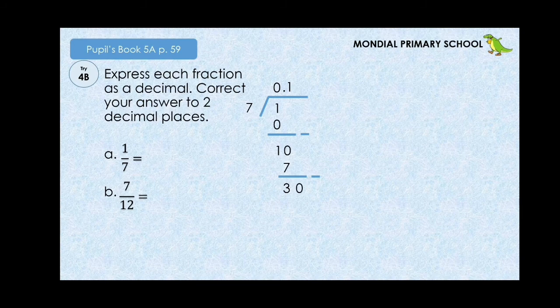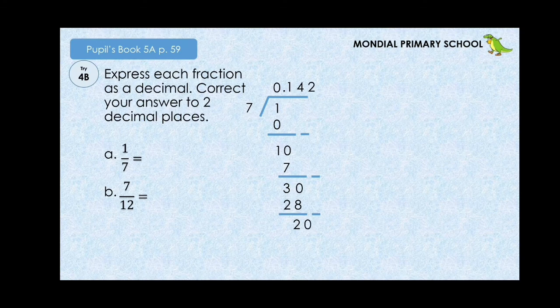Step 3. Divide the hundredths by 7. 30 hundredths divided by 7 equals 4 hundredths with the remainder of 2 hundredths. Write 4 in the hundredths column of the question, then rename the remainder of 2 hundredths. 2 hundredths equals 20 thousandths. Step 4.